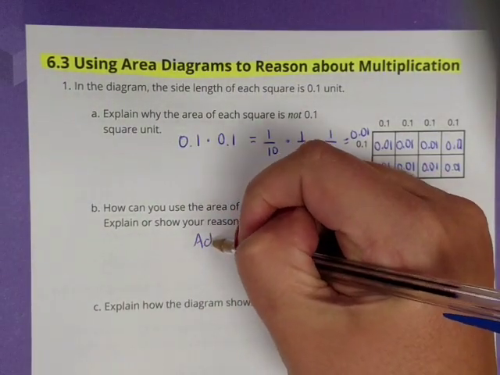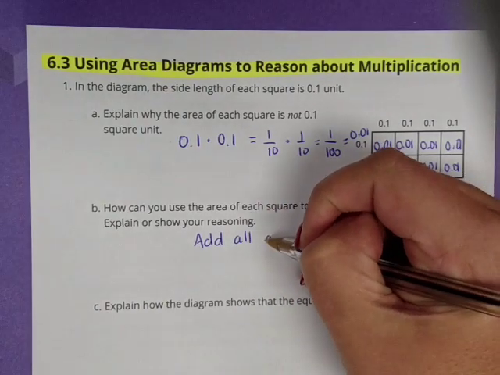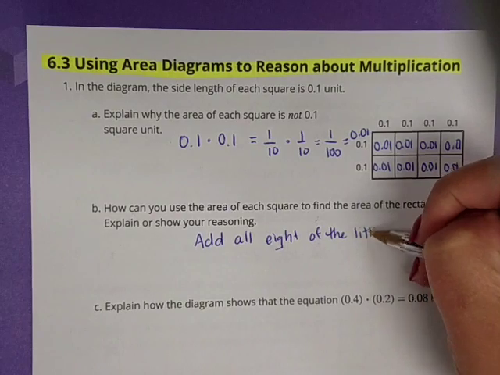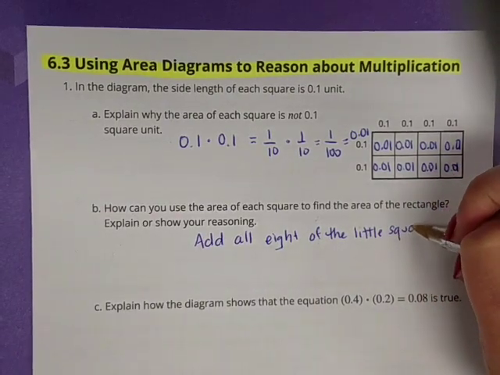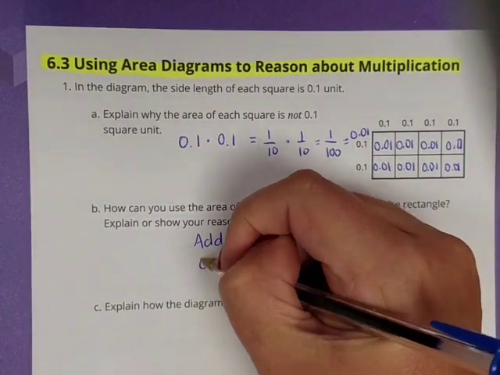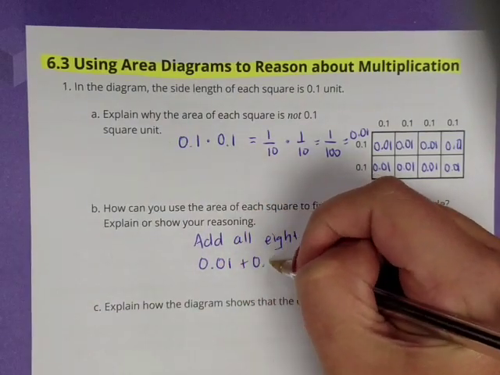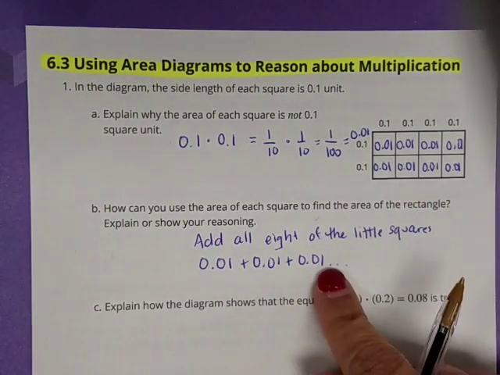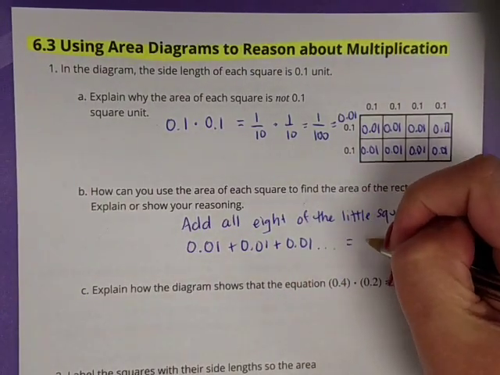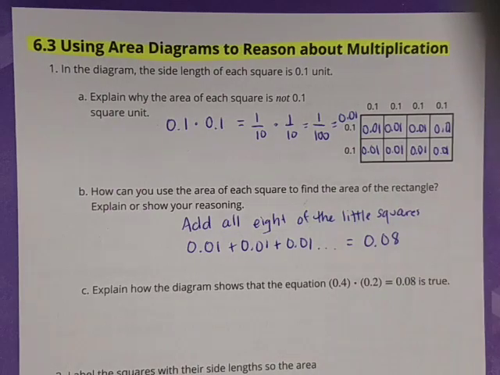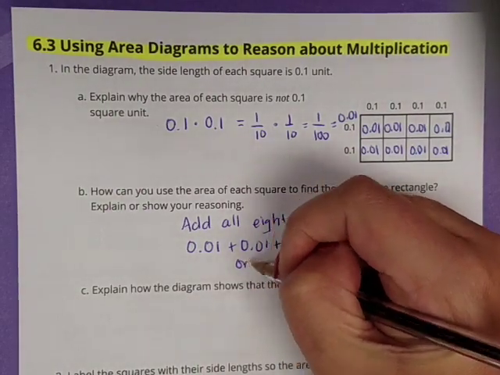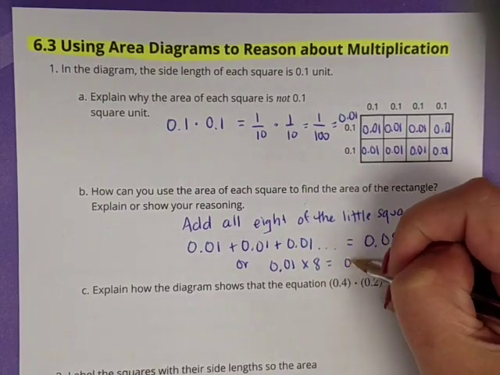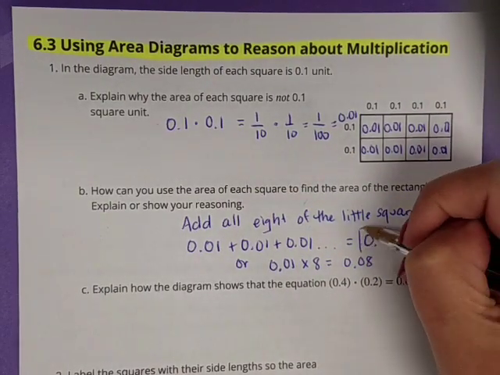So add all 8 of the little squares. 0.01 plus 0.01 plus 0.01, and I'm going to do that 8 times, and I get 8/100ths. Or I could have taken this and multiplied times 8 and still gotten the 8/100ths.